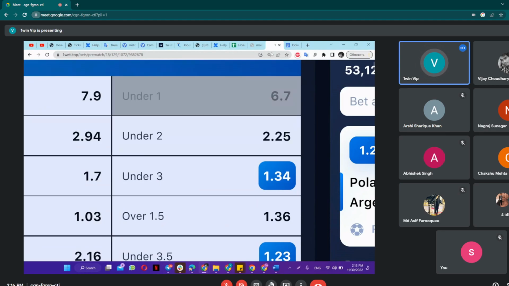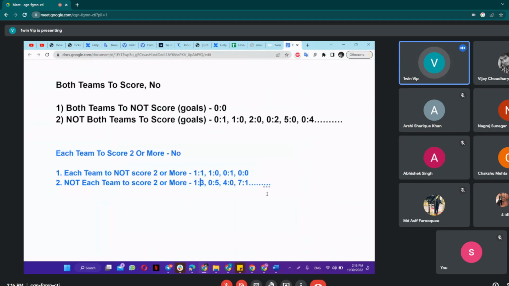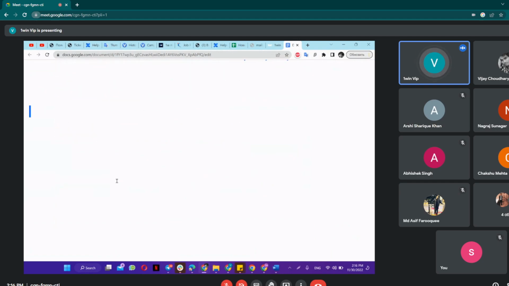So full total. And how could it be calculated? So total over 4, for example. I place a bet that in this match there will be more than 4 goals.